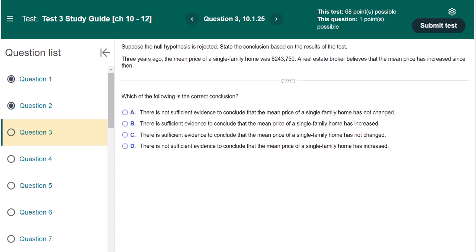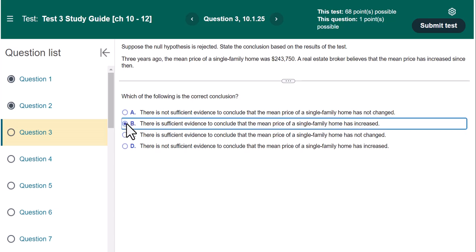So the null will be the mean equals 243,750, and the alternative will be the mean is greater than 243,750. So if you reject the null hypothesis, you support the alternative. So you say there is sufficient evidence to conclude that the mean price has increased, which is going to be B.